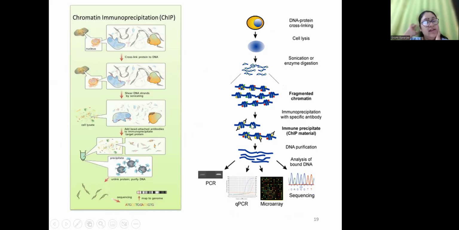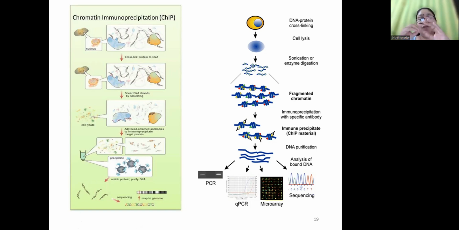The antibodies will bind to the proteins, and the proteins are bound to the DNA. Together, these three things will precipitate, or separate out, from the lysate. So now you have only your protein of interest, which is bound to the DNA.